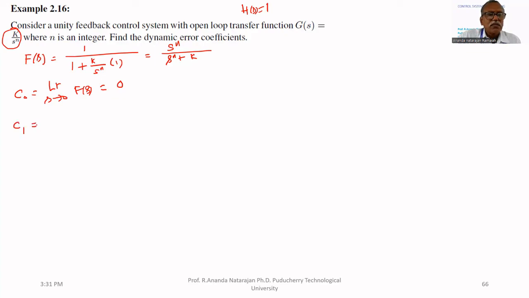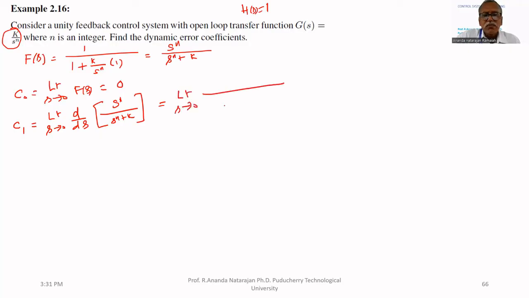C1 equal to what? C1 equal to limit s tends to 0 d by ds of s power n upon s power n plus k. That is equal to limit s tends to 0 of (s power n plus k) times n s power n minus 1 minus s power n times n s power n minus 1, whole divided by (s power n plus k) whole square.